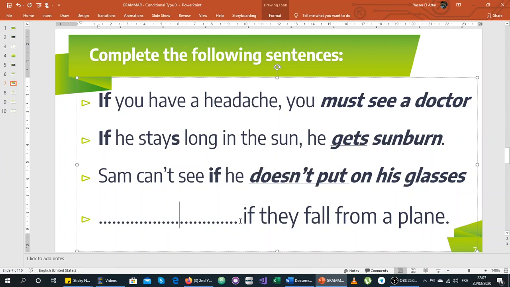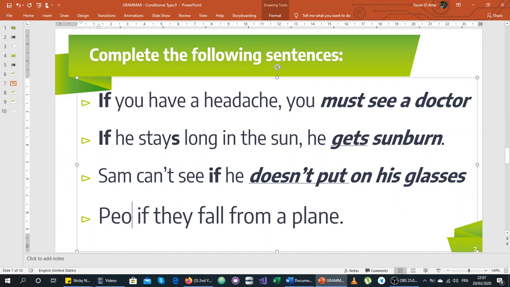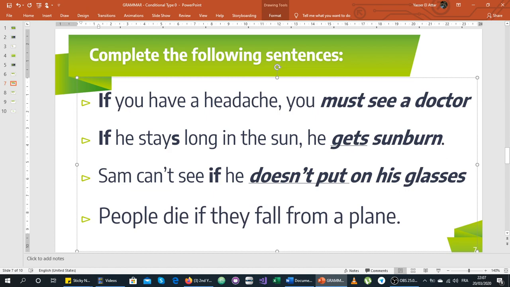For this one, if they fall from a plane, so we have a plane going in the sky, and then people fall from it. What happened to them if they fall? What is the result of this condition? We can say, for example, people die.